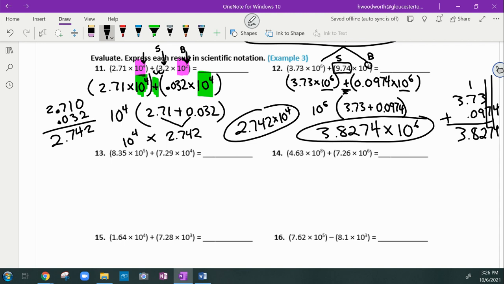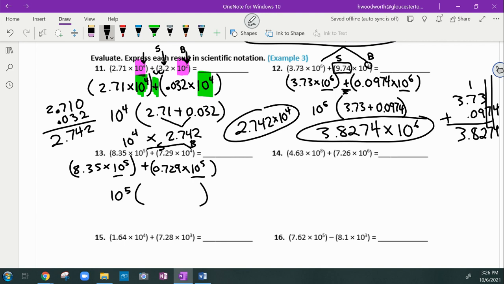Going down, I noticed that my exponents don't match, so I'm going to get them to match. So I'm going to write 8.35 times 10 to the 5th. I like to make the smaller one larger, so I'm going to make that 10 to the 5th. Since I made this bigger, I have to make this smaller by 1 power of 10, which bumps the decimal over. So I get 0.729. I'm going to pull out the common factor using the distributive property, 10 to the 5th.